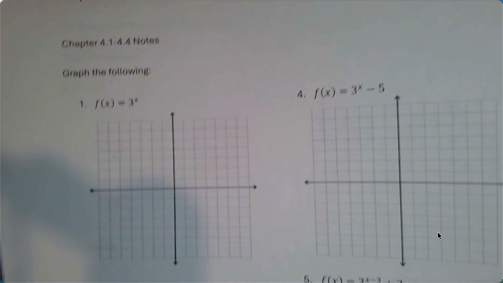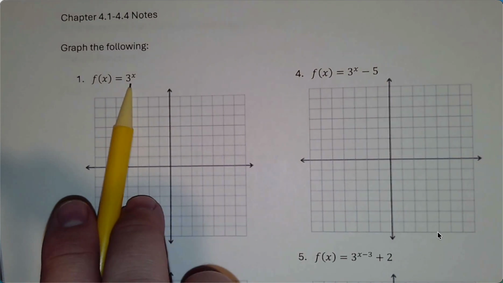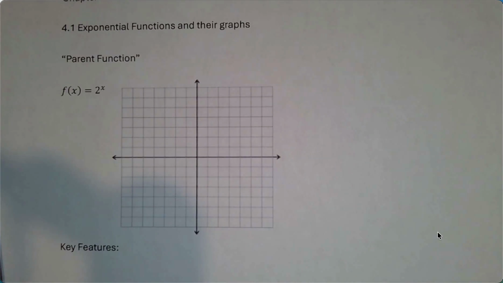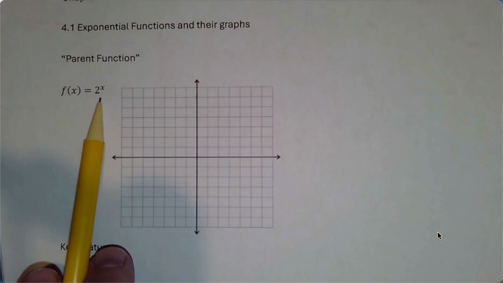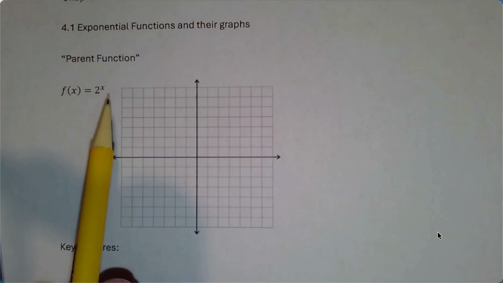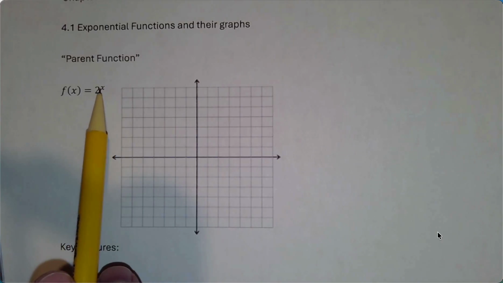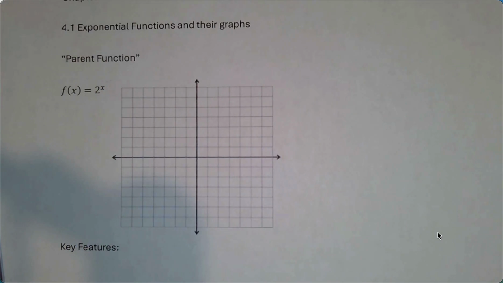And so technically, 3 to the x is still the same form of an exponential. Your parent function here is anything to the x: it needs to be different than one, but 2 to the x, 3 to the x, 4 to the x, 5 to the x. You could even get into negatives, and weird stuff happens there.